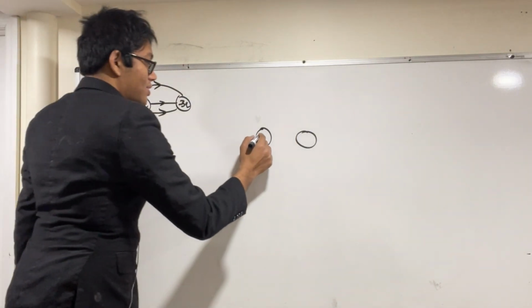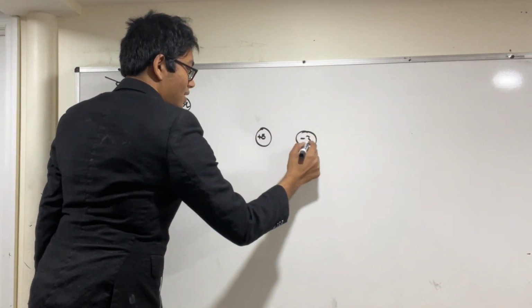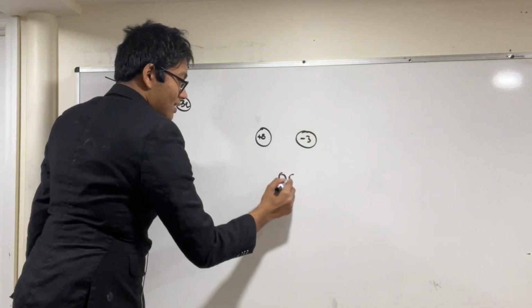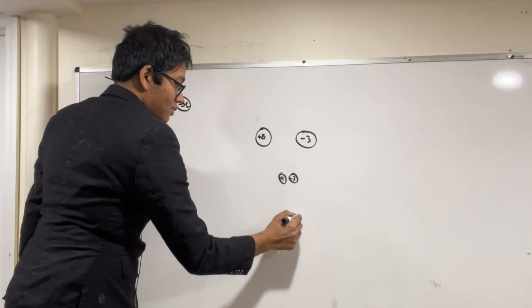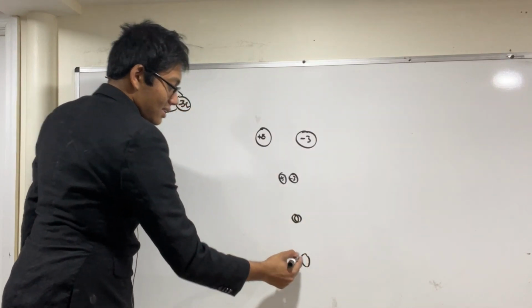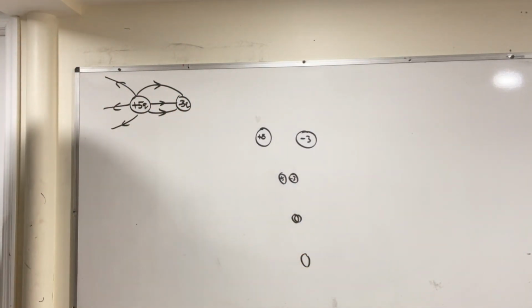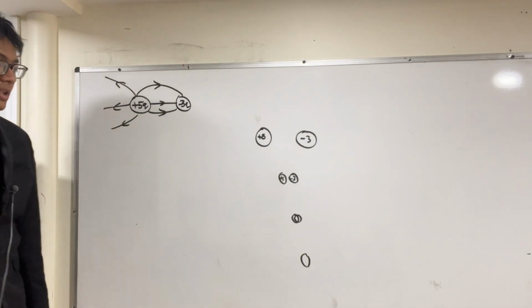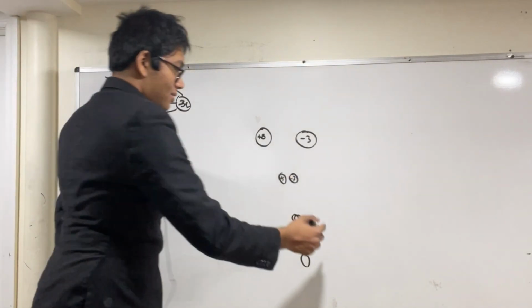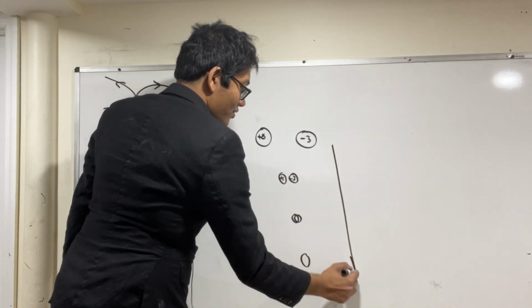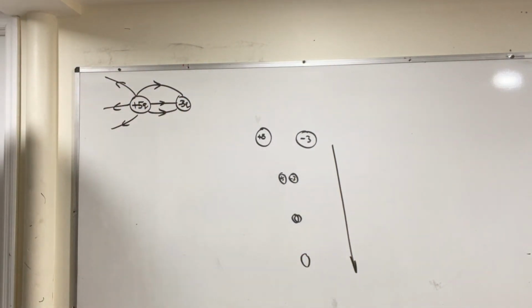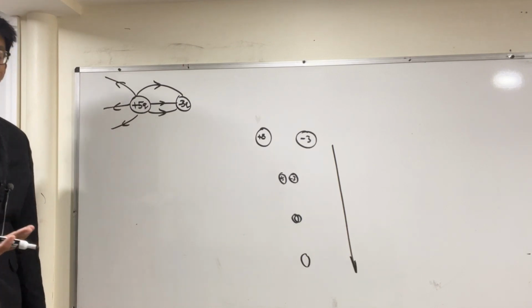Here was your plus 5 and here was your minus 3. But then you zoom out and they start looking smaller and then smaller still. And then at some point it looks like you're looking at literally one charge. Just like a car going farther and farther, the distance between them kind of gets smaller.